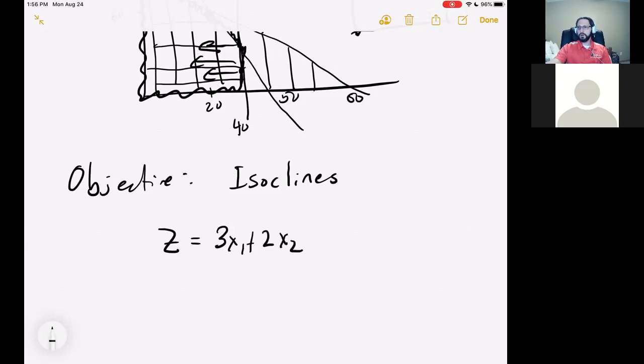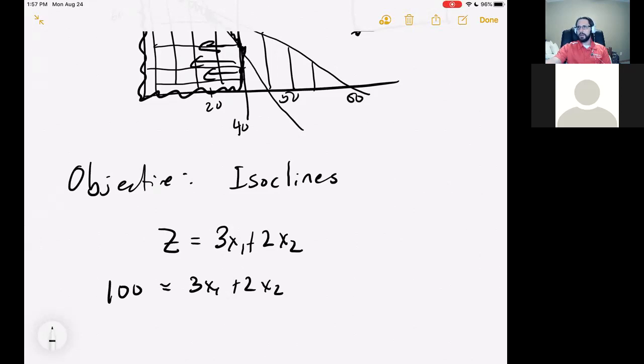While we don't know what the maximum value of z is, maybe we can take a guess. I'm going to say 100 is my guess for an initial z. I'm not sure if this is the maximum value. It's an attempt I'm going to make.